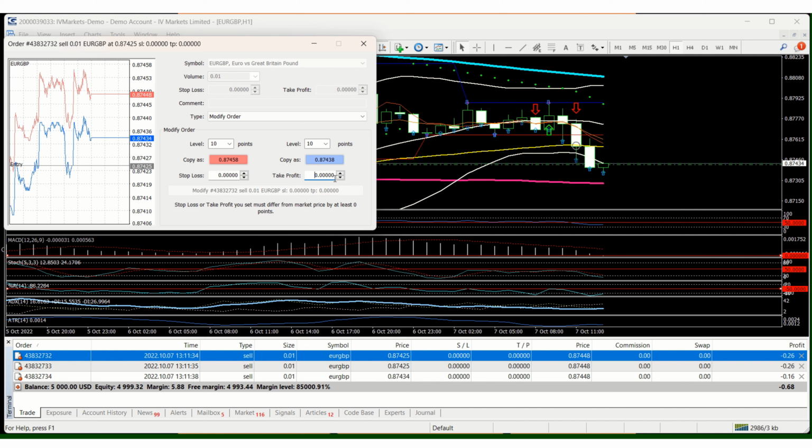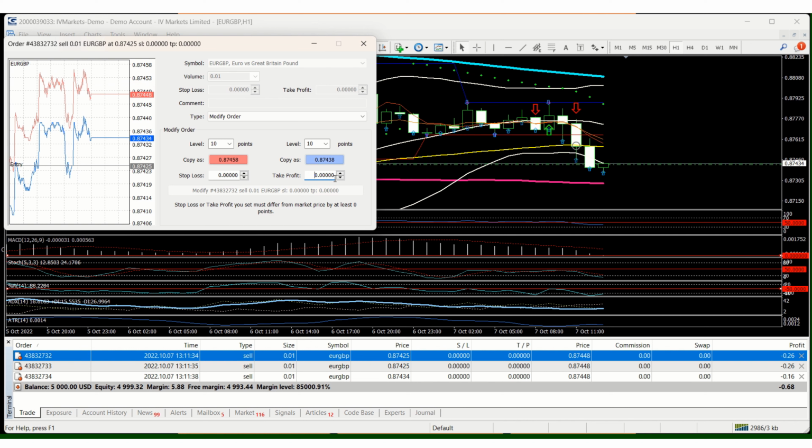Okay, so the value at which I sold it was 0.87425, and the profit that I am targeting is, if you are using your calculator, just subtract 0.0136, and for a day you will take 0.86065.